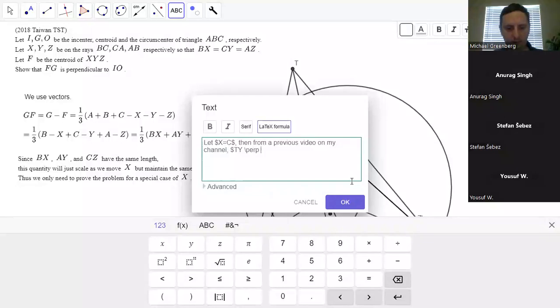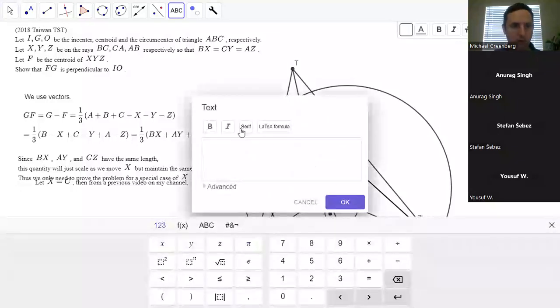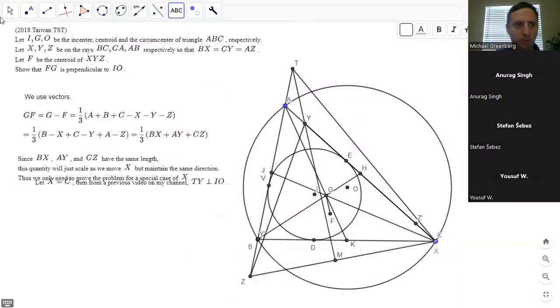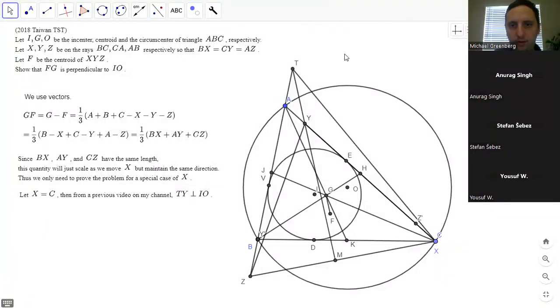And then we could show just by vectors that TY is a third FG.